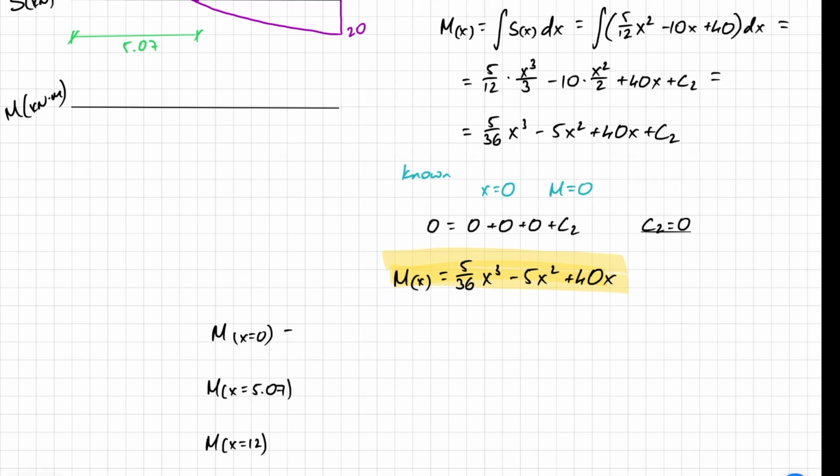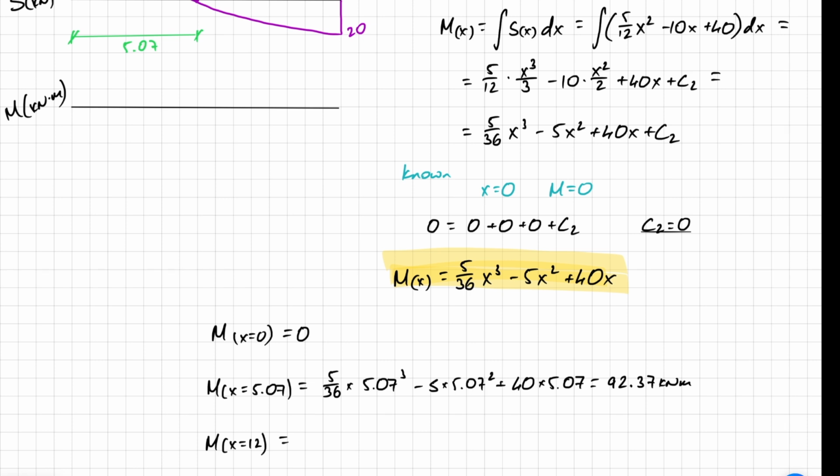So it's really obvious from looking at the equation that when x equals 0, the moment equals 0. When x equals 5.07, I have 5/36 times 5.07 cubed minus 5 times 5.07 squared plus 40 times 5.07, and that gives me, if I calculate, 92.37 kilonewton meters.